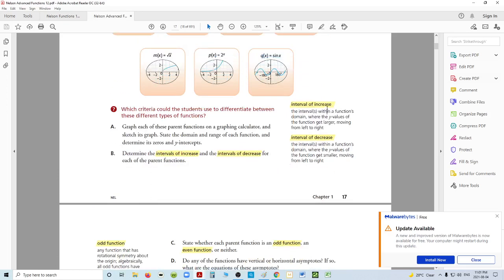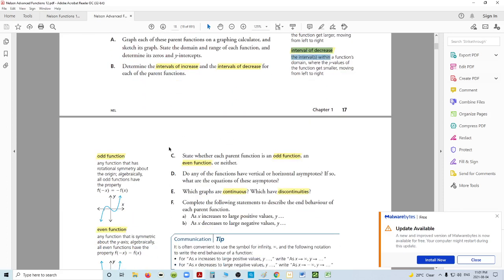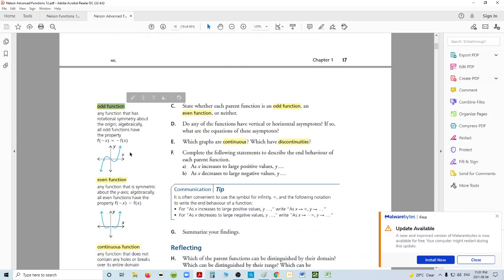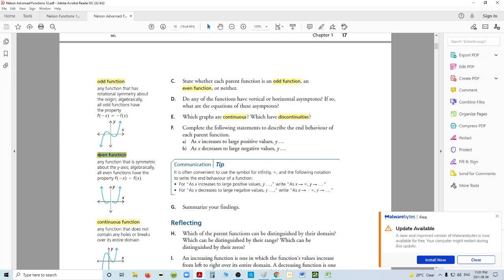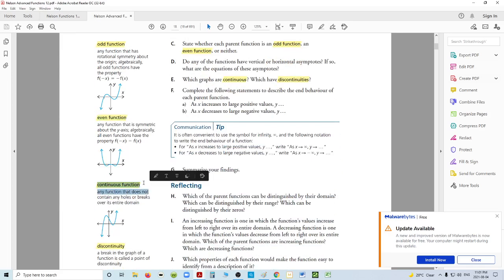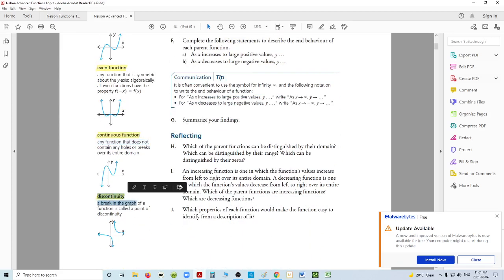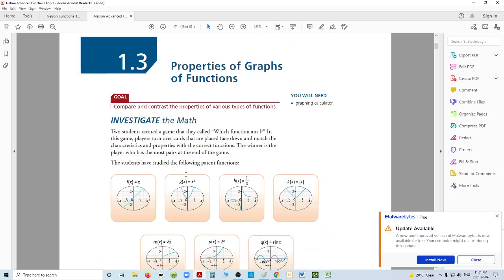You should also learn a couple new terms, interval of increase and decrease, and what makes an odd function, which is not what you would think it is, what makes an even function, what makes a continuous function, what makes a discontinuous function. And that's all in 1.3.